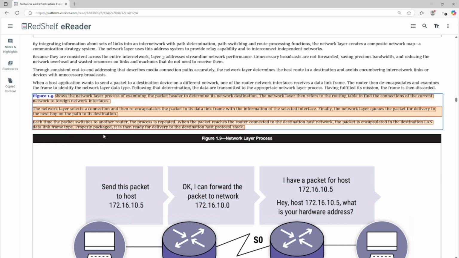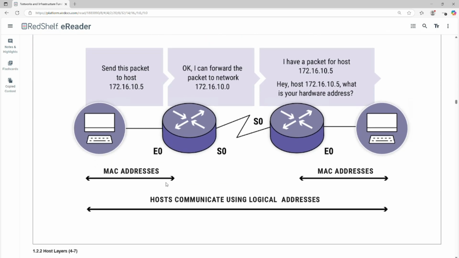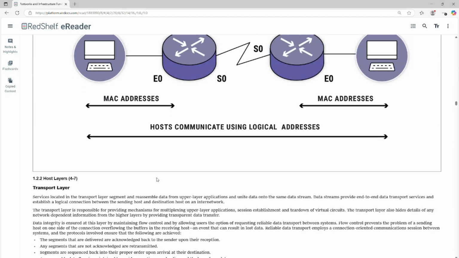A router examines the packet's header, refers to the routing table, and selects the particular connection. Once it selects that connection, it picks up the packet, repackages it, and puts the packet in a queue for delivery. It's very simple. Just read this. Straightforward.